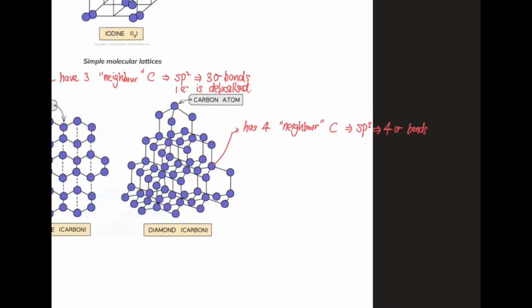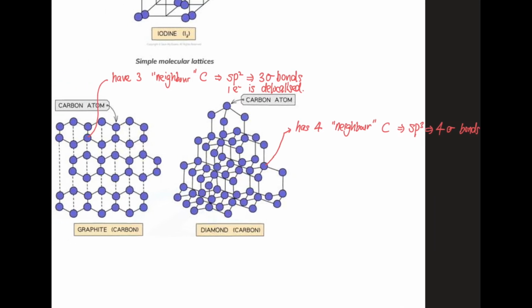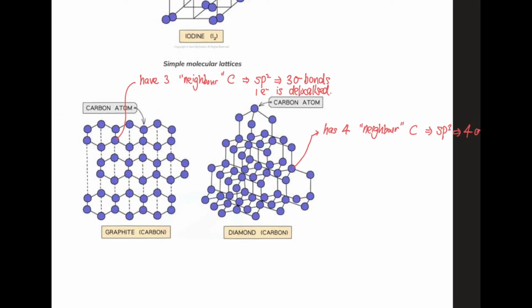So that's the difference between graphite and diamond. Although both are made of carbon, they are really different.